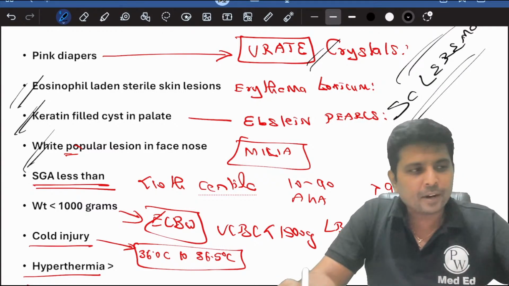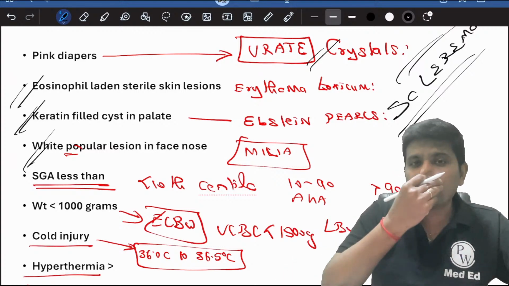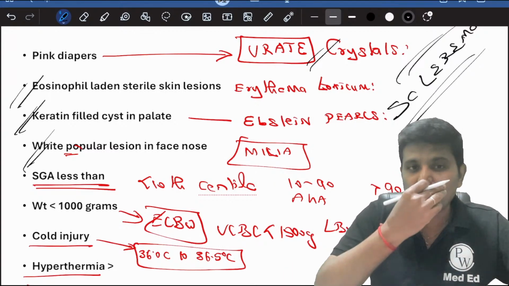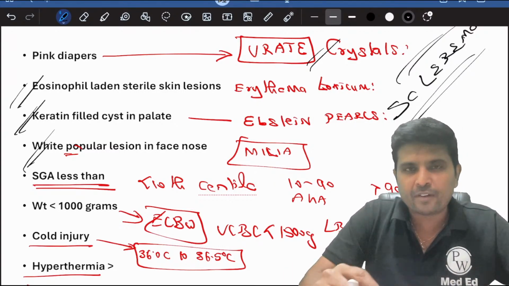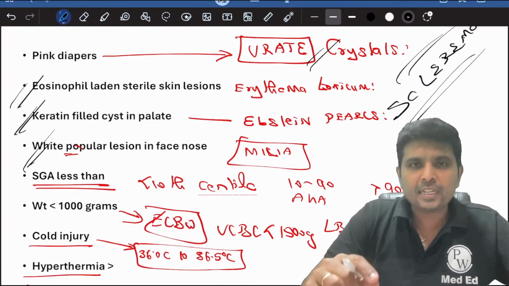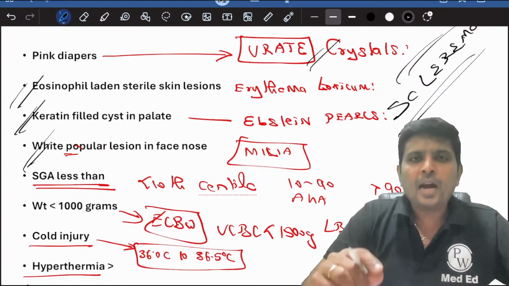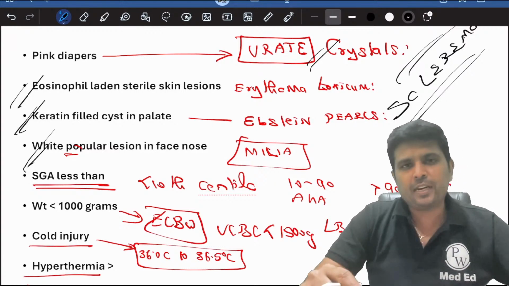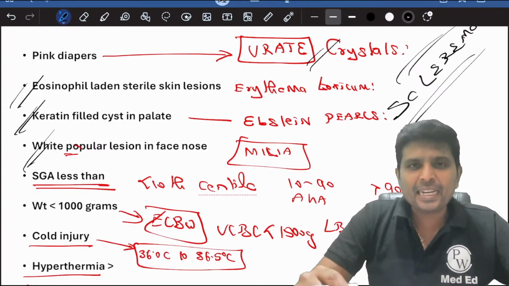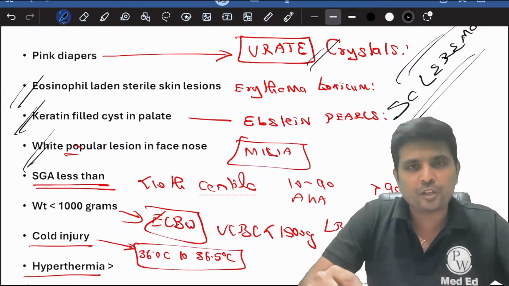Right. And apart from that, what are all the other things that you need to know? The normal newborn temperature is 36.5 to 37.5 degrees Celsius. Hyperthermia means more than 37.5 degrees Celsius. Remember, the only manifestations of hyperthermia are herpes as well as malaria. Remember, bacterial infection does not produce hyperthermia in a newborn, rather it produces hypothermia.